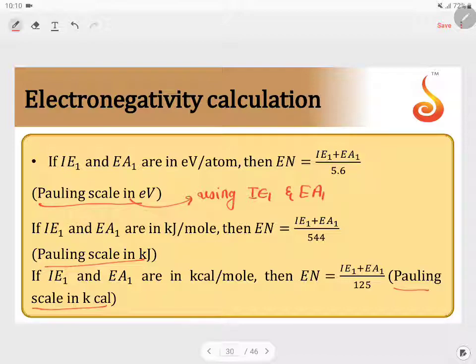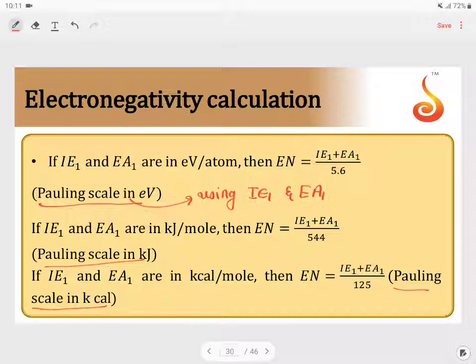Whatever formula we learned previously will give you electronegativity values in the Mulliken scale. That's fine. But using the same ionization energy and electron affinity values, if you want to get the value in the Pauling scale, then the formula will be slightly different.